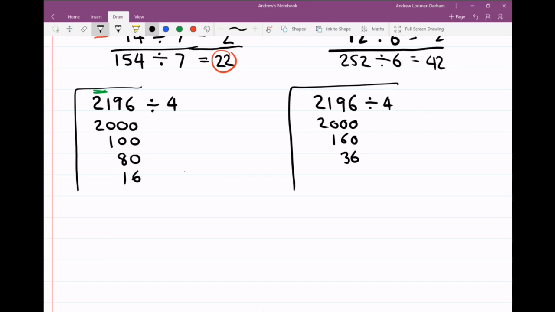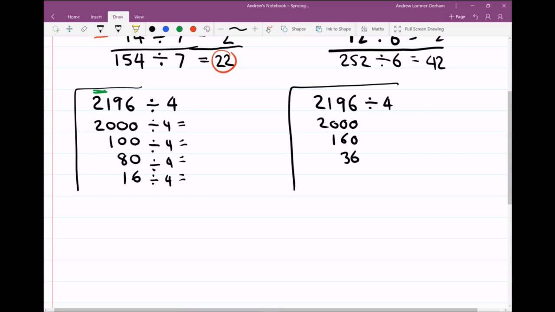So we'll divide each of these things by 4, and then we'll see if the answer pops out the same. So 2,000 divided by 4, it's like 20 divided by 4, but it's 100 times bigger than that. So 20 divided by 4 is 5, and then it's 100 times bigger, so we need to add 2 zeros to the end.